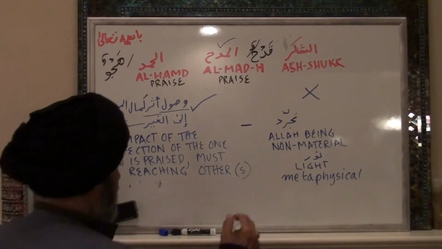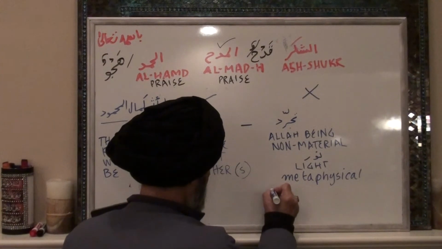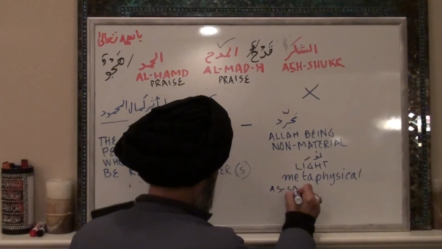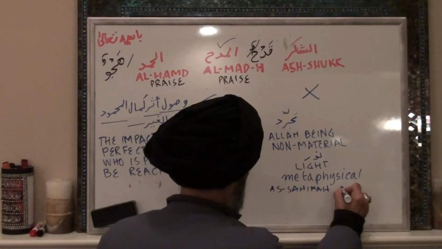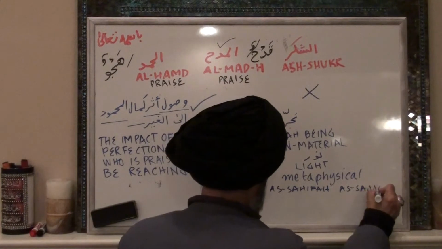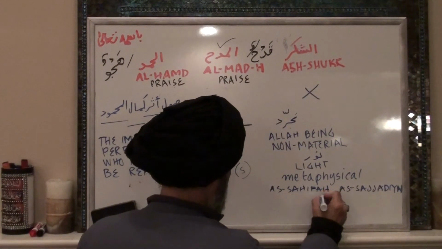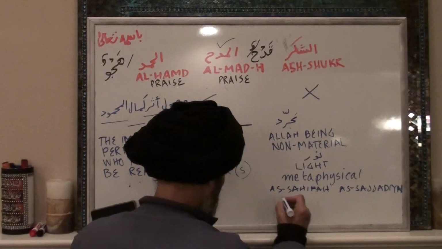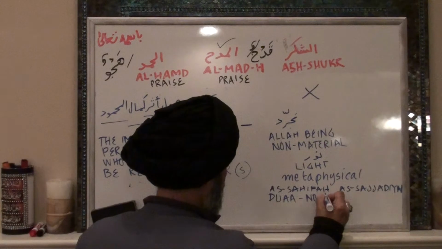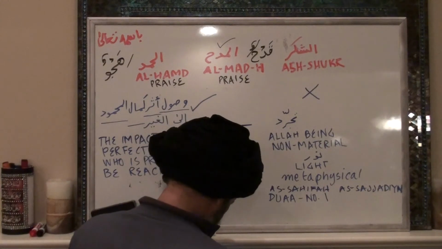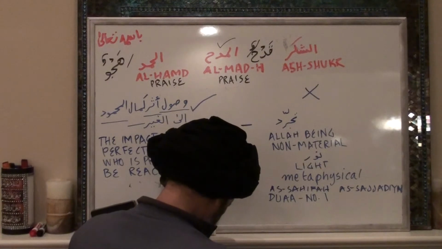So, in As-Sahifa As-Sajjadiyya of Imam As-Sajjad alayhi salam, this is the dua number 1, where Imam As-Sajjad alayhi salam says about Allah subhanahu wa ta'ala in the dua number 1 of Sahifa.